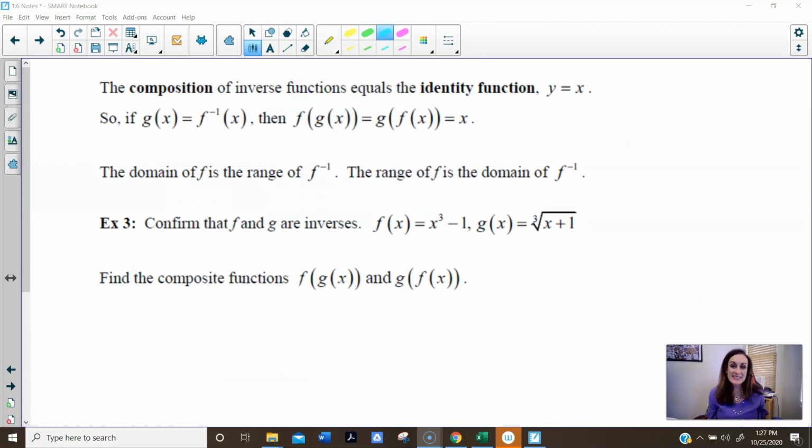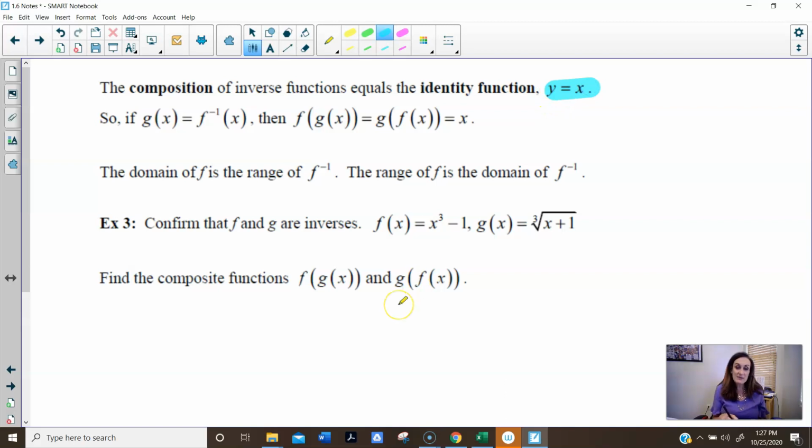So now let's talk about if we have a function and its inverse and we take the composition of the two, it's almost like they just undo each other and we end up getting the identity function, which is y equals x.